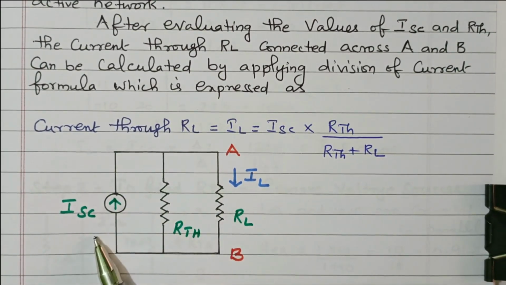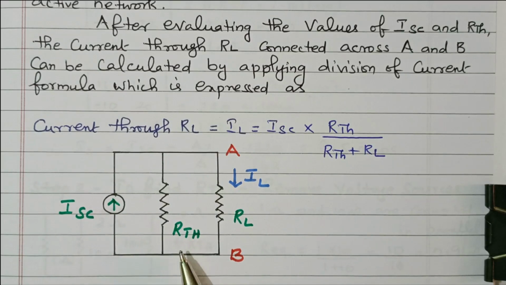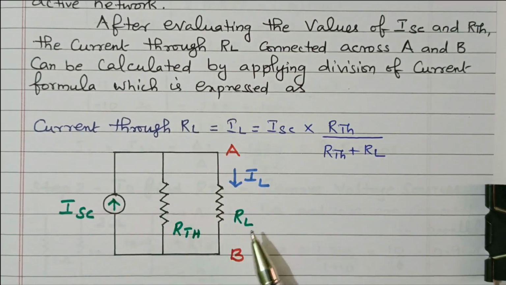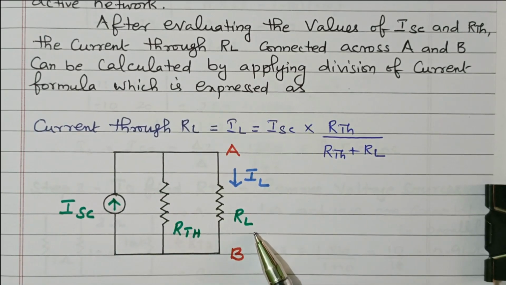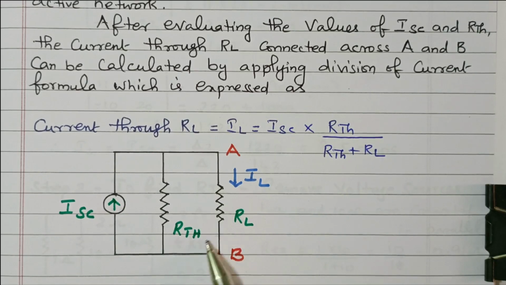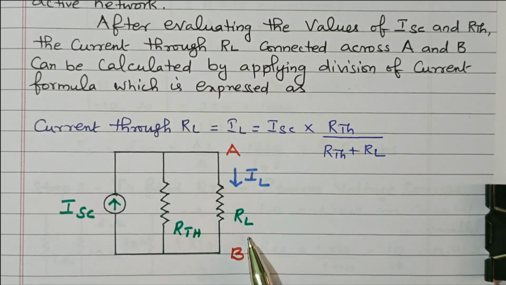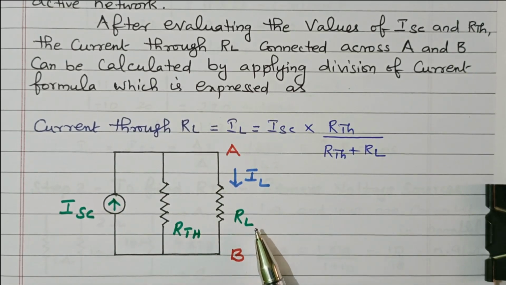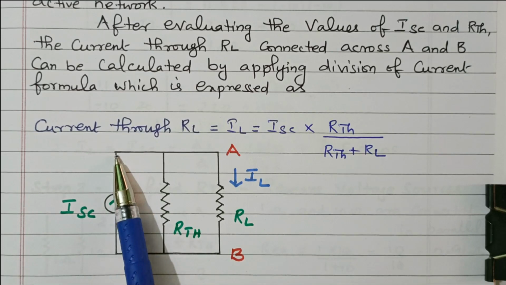This is the short circuit current source, Thevenin resistance, and the load terminal AB. This is the load resistance RL, and our aim is to find the load current IL. Because of this simplified network, we can easily find the current through the load resistance by using the current division rule.